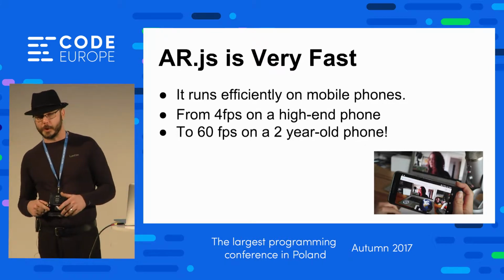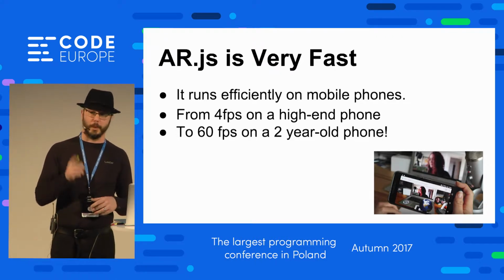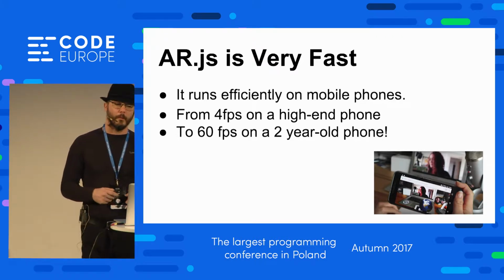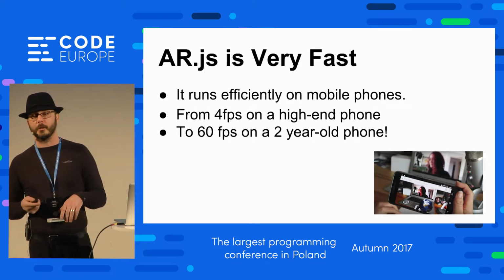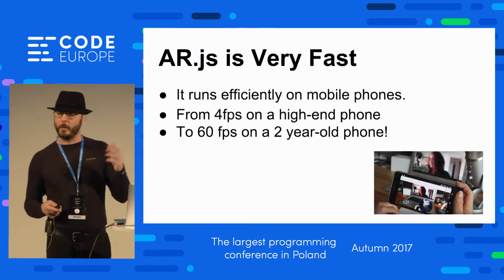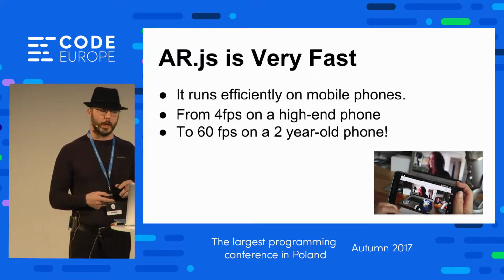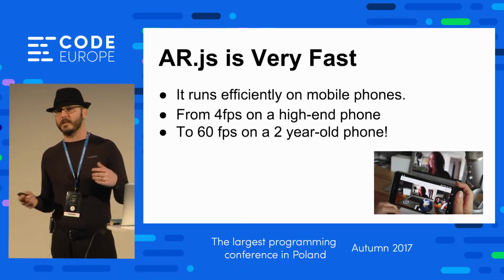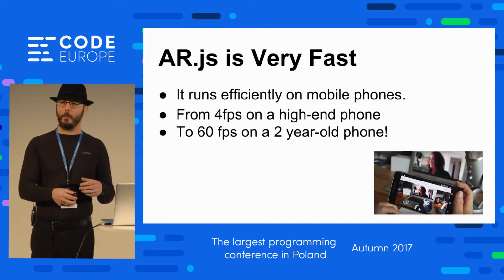Third, it's open source, important, so you don't have to pay me. You can contribute. Please contribute if you can. I enjoy any contribution. And fourth, it relies on standards. Let's look at all those four components and how they define the project. So AR.js is very fast. That means it runs efficiently on mobile phones.